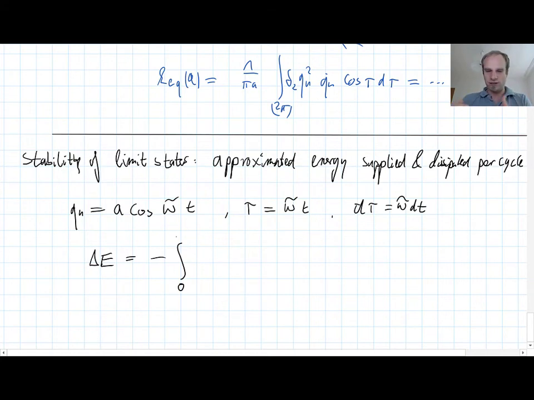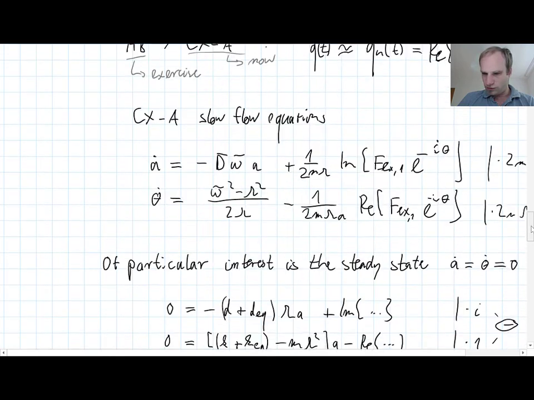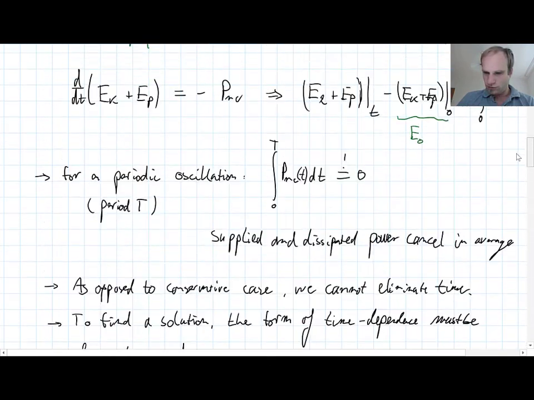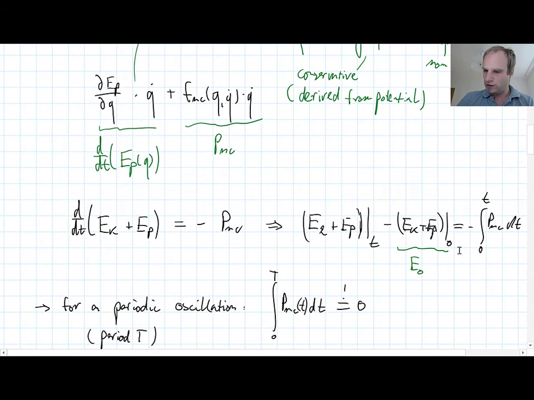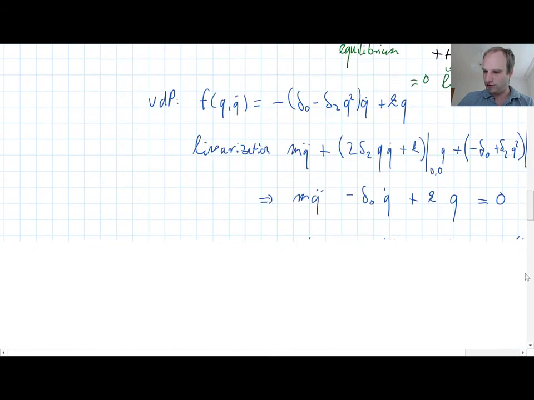So the change of mechanical energy over one period of oscillation. That's basically what we wrote down here. This expression here, where we said this expression needs to be zero. That's really the change of mechanical energy, counted positive if we have an increase of mechanical energy.